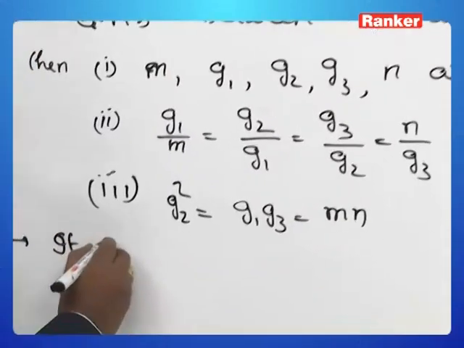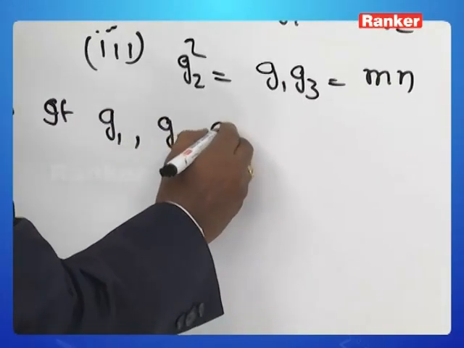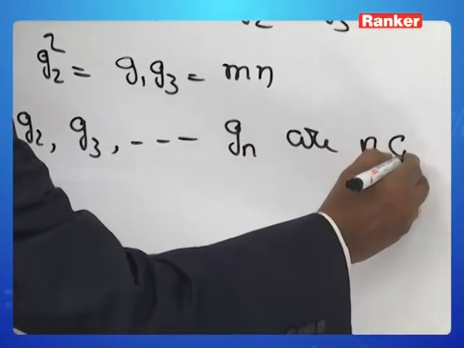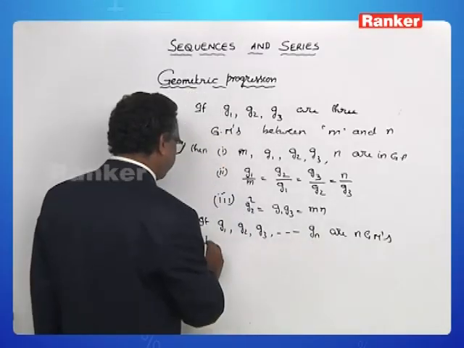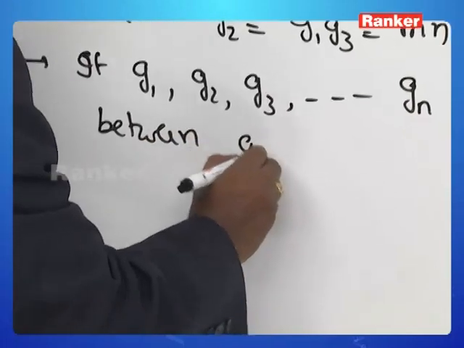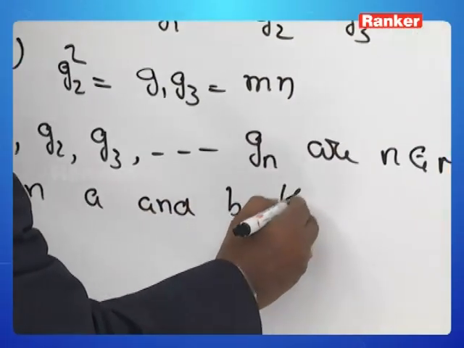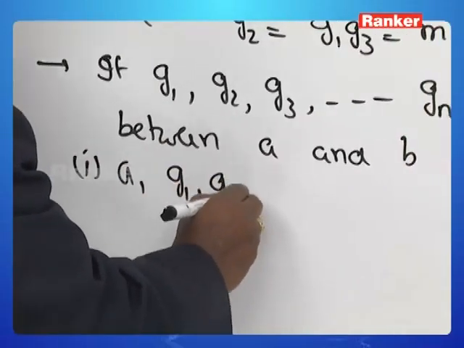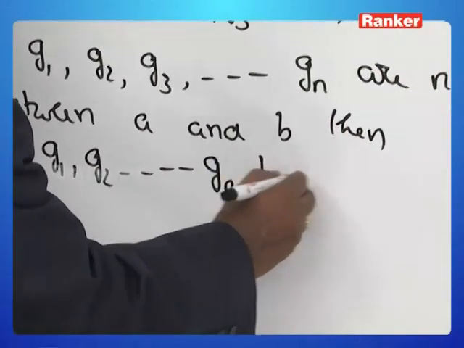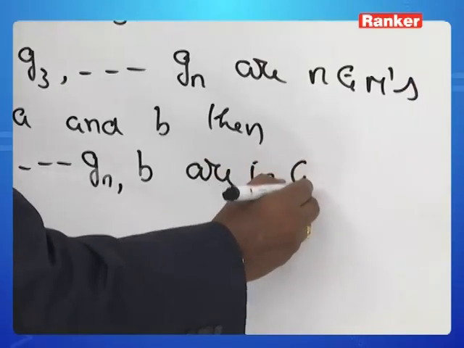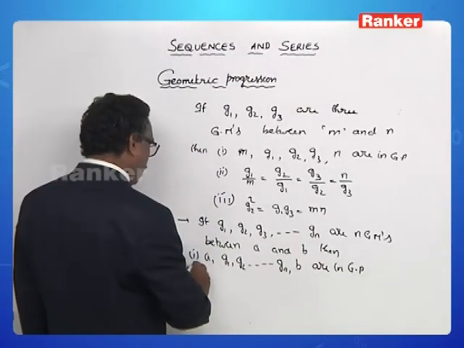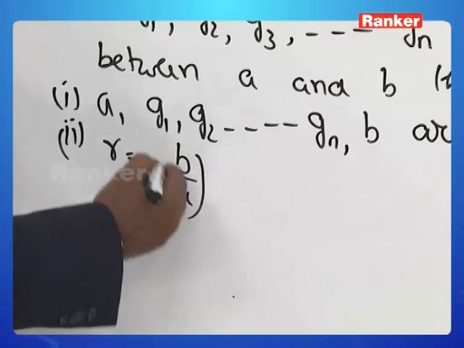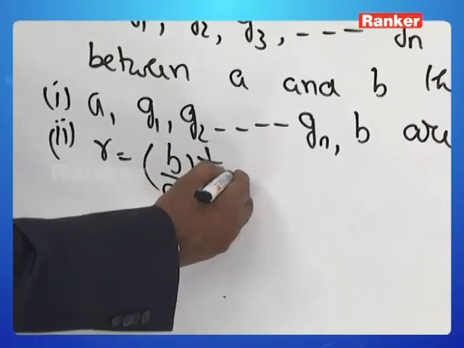If G1, G2, G3, and so on up to Gn are n geometric means between A and B, then we can say that A, G1, G2, and so on up to Gn, B are in geometric progression, and the common ratio of that particular geometric progression is given by R is equal to B by A whole to the power of 1 by n plus 1.